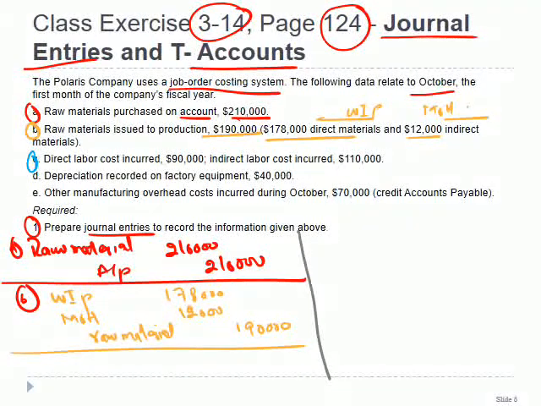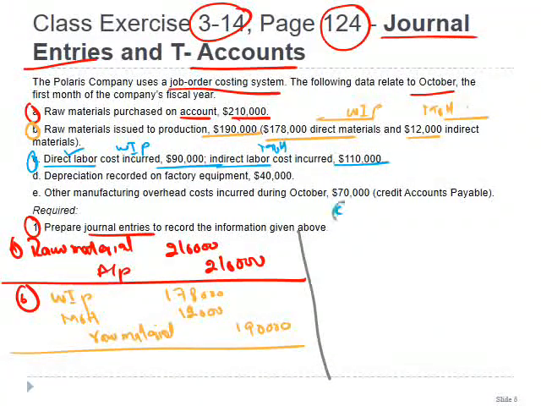The C entry will be the direct labor cost incurred 90,000. Direct labor cost will go to work in process. Indirect labor cost worth 110,000 will go to manufacturing overhead. And since this is labor cost, it means we will create liability, that is the account would be wages payable.